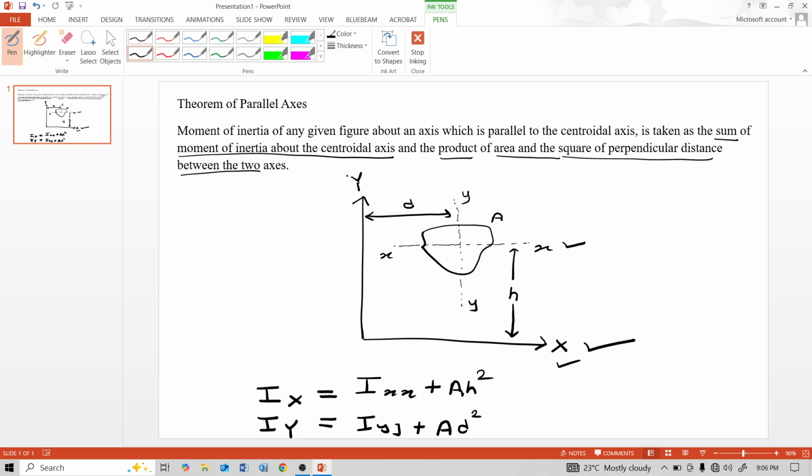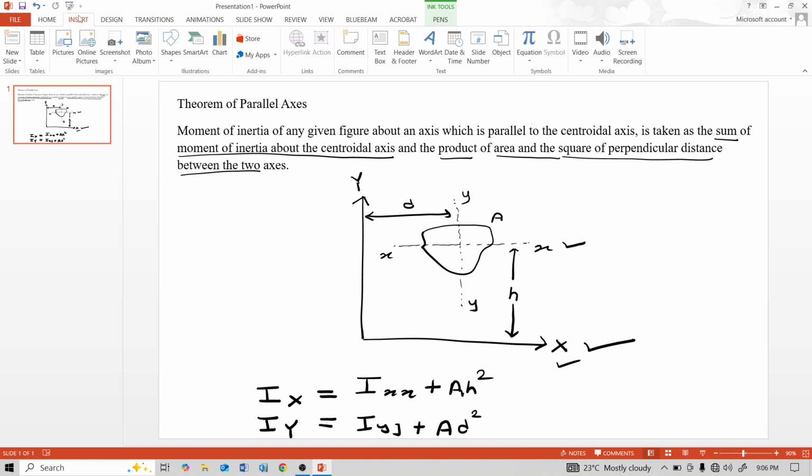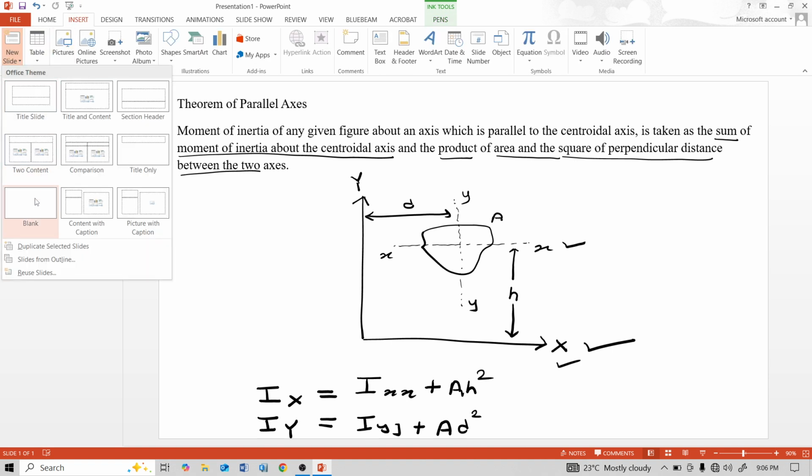Now next see the theorem of parallel axis, how this equation comes.